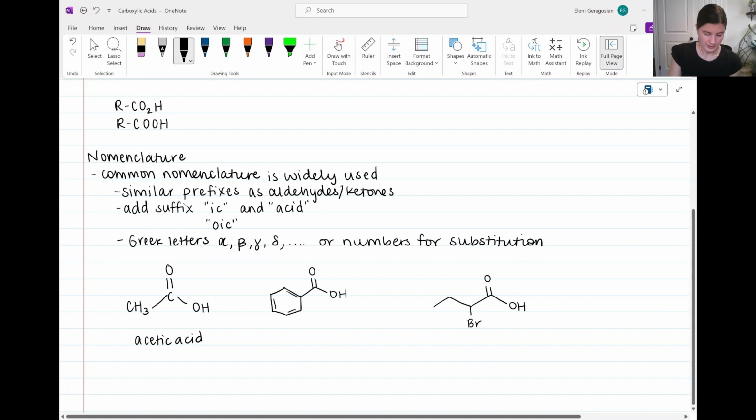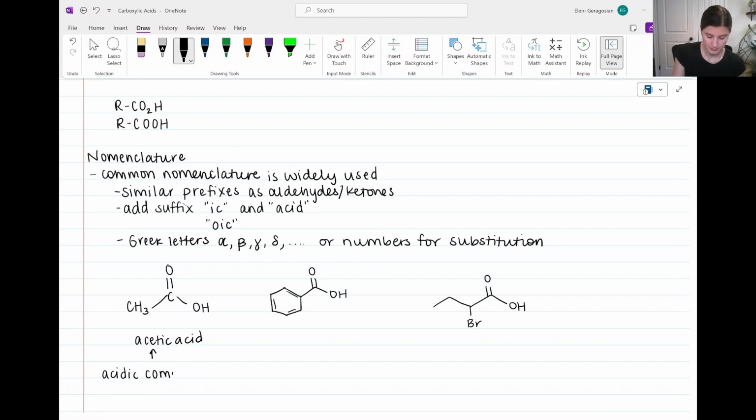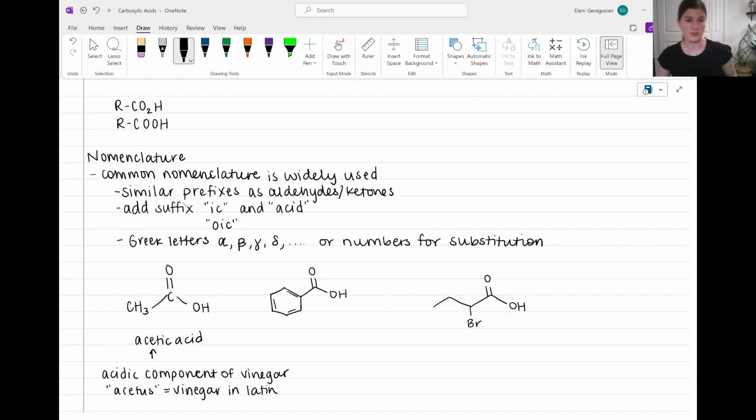And a little note about this, acetic acid is the acidic component of vinegar. And then the word acetus is vinegar in Latin. So that's how we have that part of the name.